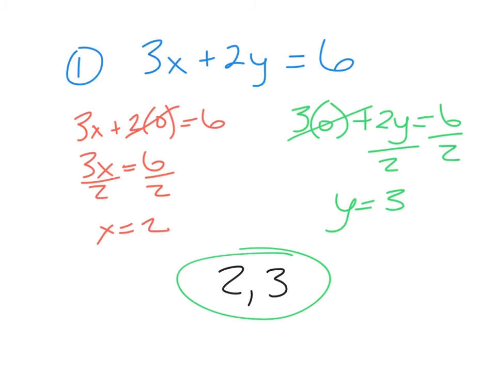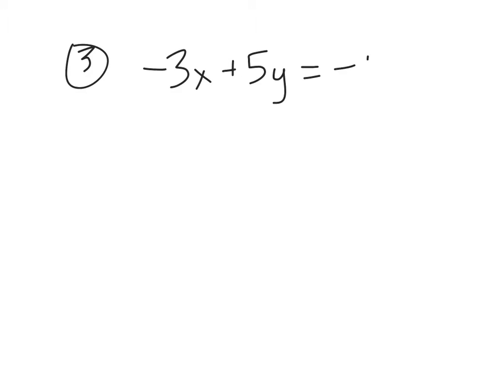Okay? Let's do one more example. This is guided practice number 3. I have negative 3x + 5y = negative 15. All right, solve for the x-intercept. Where am I putting my 0?